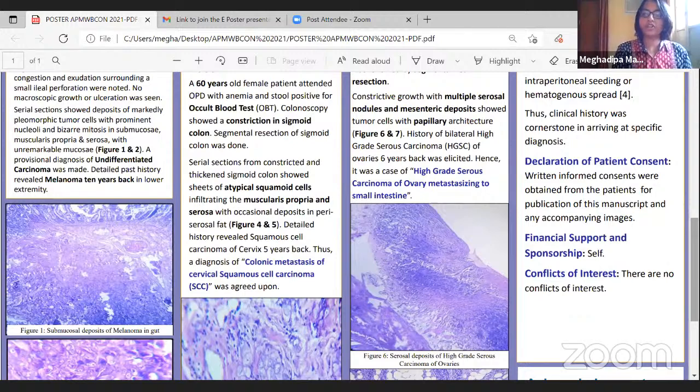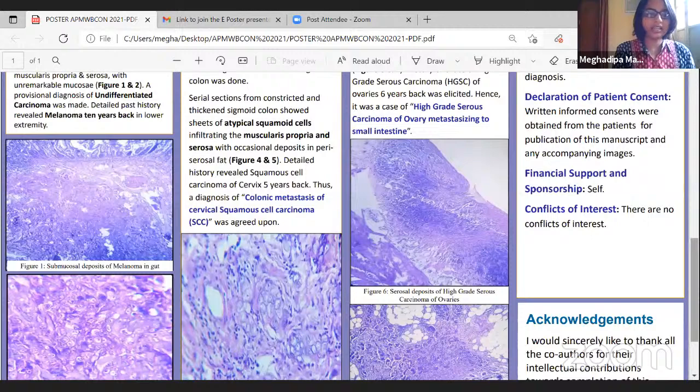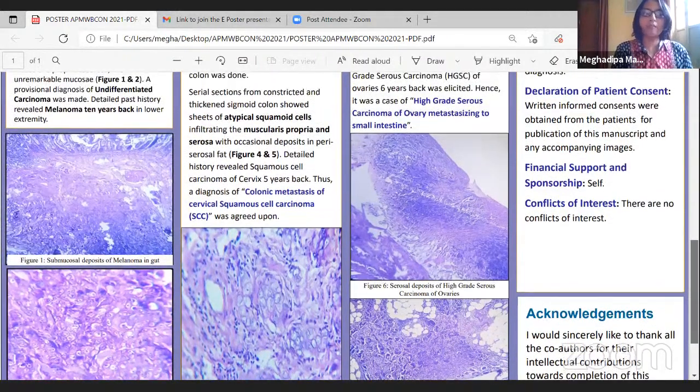On the histopathologic section, we found atypical tumor cells, as we can see in figures 1 and 2, infiltrating into the submucosa, but the overlying mucosa was absolutely normal. The individual tumor cells were markedly pleomorphic with vesicular chromatin, prominent nucleoli, increased mitosis, and focal areas of necrosis. So we were thinking of some undifferentiated malignant neoplasm.